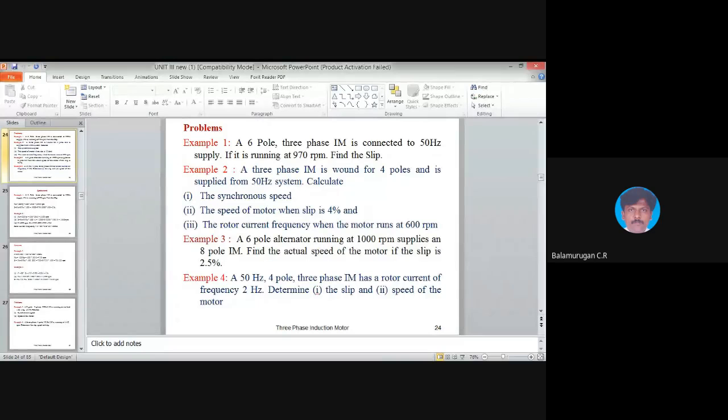So you try to solve this problem. So given data is frequency is 50 hertz, number of poles is 4. So given motor is a 3-phase induction motor, and the rotor current frequency, that is the rotor frequency is given. What is the notation for rotor frequency? F dash. So F dash is 2 hertz, it is given. And determine the slip, then speed of the motor.